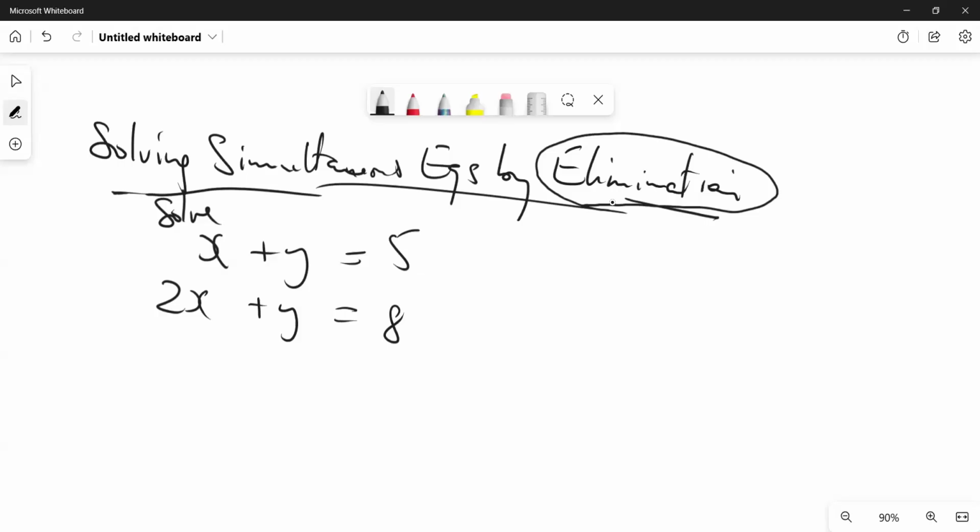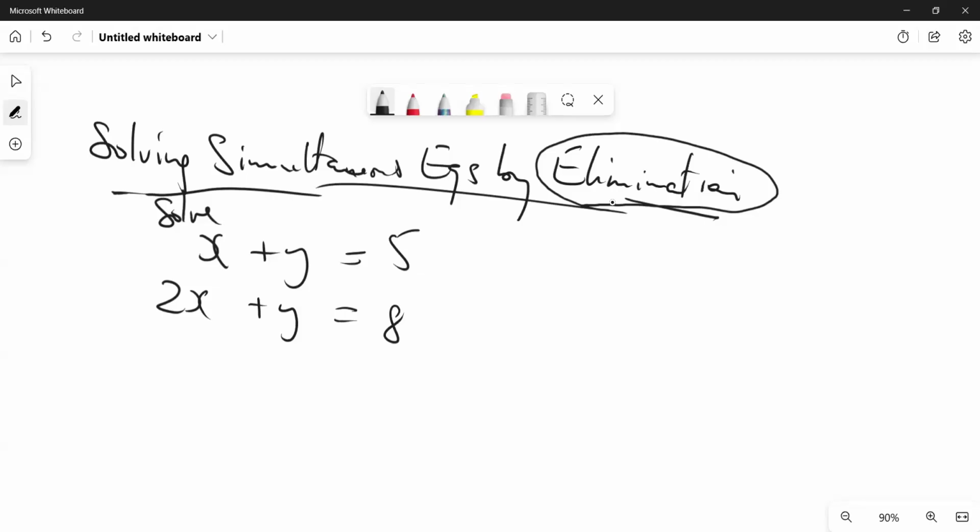And when you find the value of y, you use one of these equations to get x, if that's what you needed. So you eliminate one of the unknowns, solve for the remaining one, and then put that value back in one of the equations to get the other one. I'll illustrate with a couple of examples.